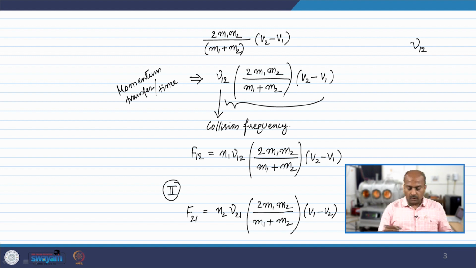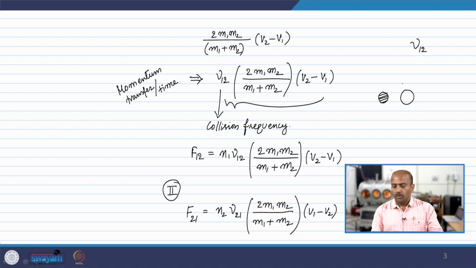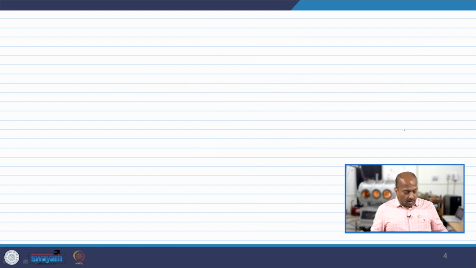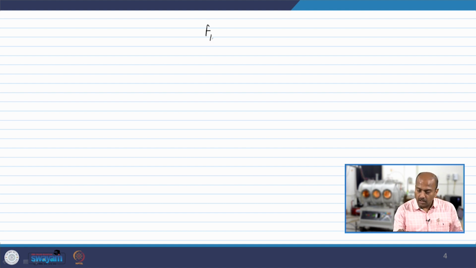Now, ideally, let us assume this to be species 1 and this to be species 2. So, species 1 is the shaded one. This is F12 and F21 is this. Obviously, we would expect that these two forces are exactly the same but in the opposite direction. So, we would expect that F12 is equal to minus F21. They are exactly opposite to each other.